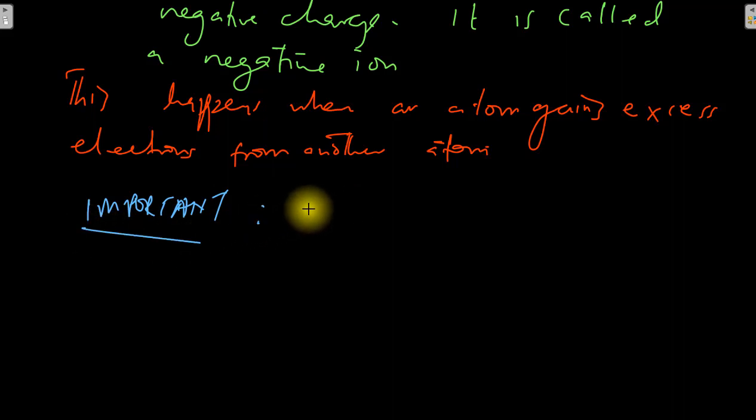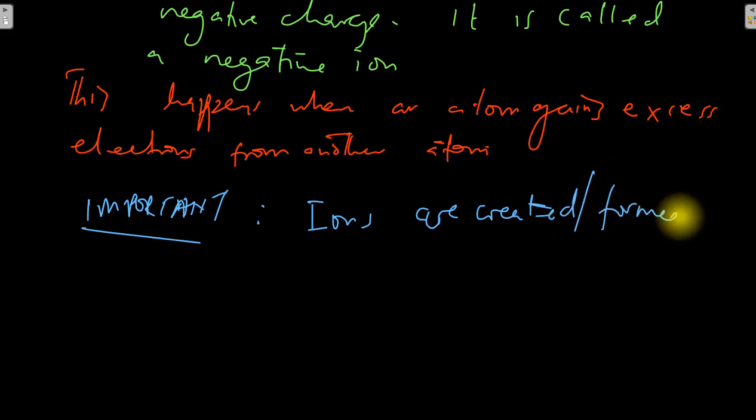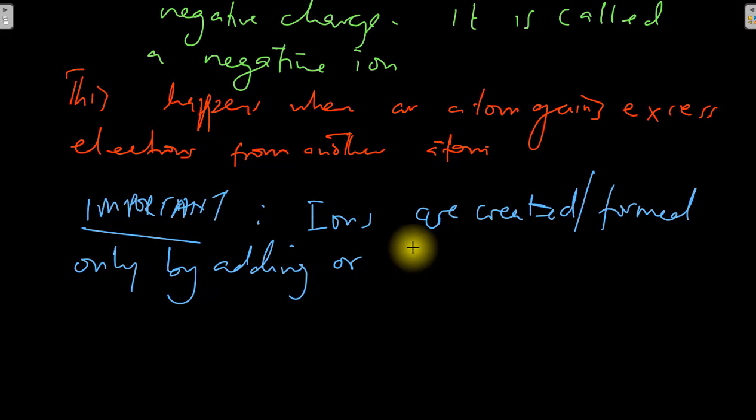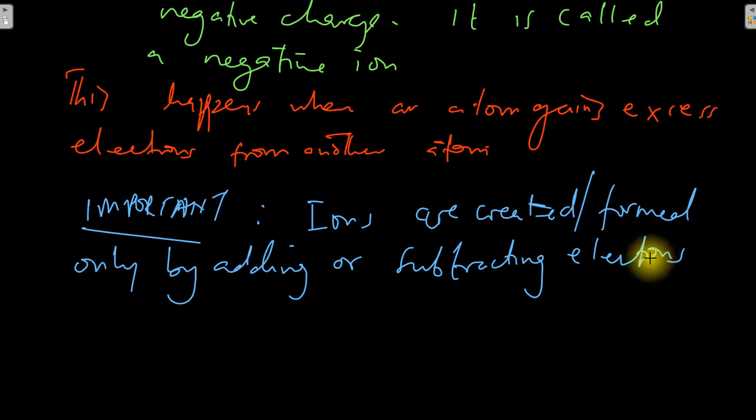It's important here that ions are formed only by adding or subtracting electrons from an atom.